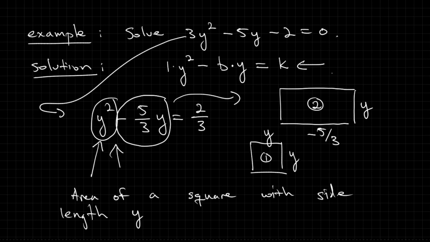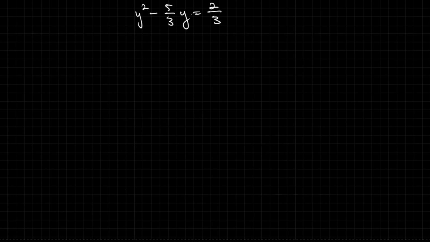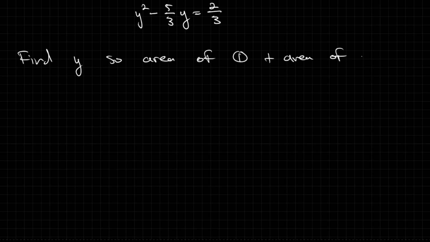And so we can rephrase this equation, y squared minus 5/3 y equals 2/3, in a geometric way. And that geometric way would be: find y so that the area of shape 1 plus the area of shape 2 equals 2/3.